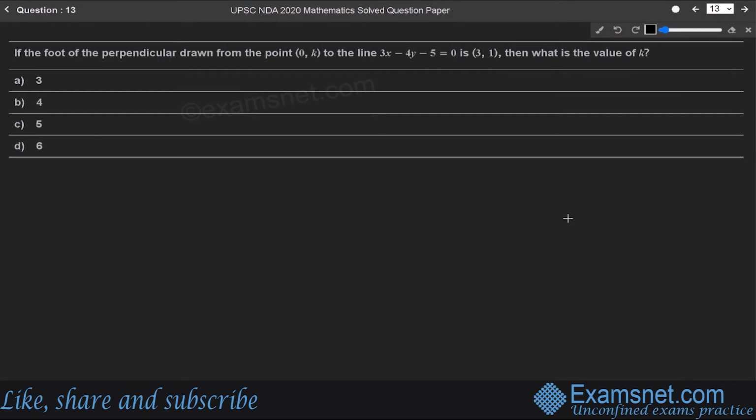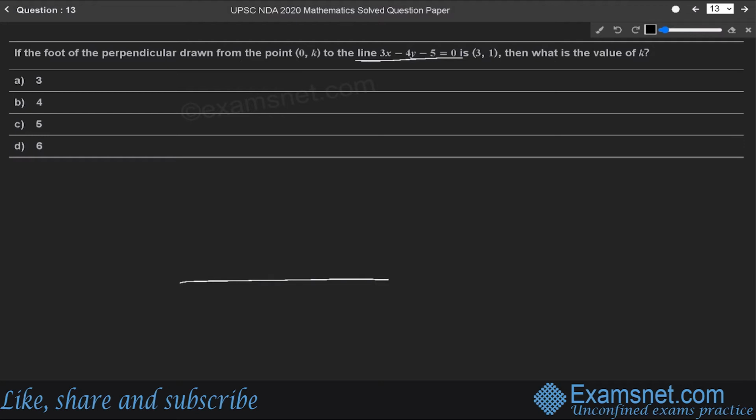Next question is, if the foot of the perpendicular drawn from the point (0, k) to the line 3x minus 4y minus 5 is equals to 0 is (3, 1), then what is the value of k? First, let us understand this question by a simple diagram. A line is given which is 3x minus 4y minus 5 is equals to 0.